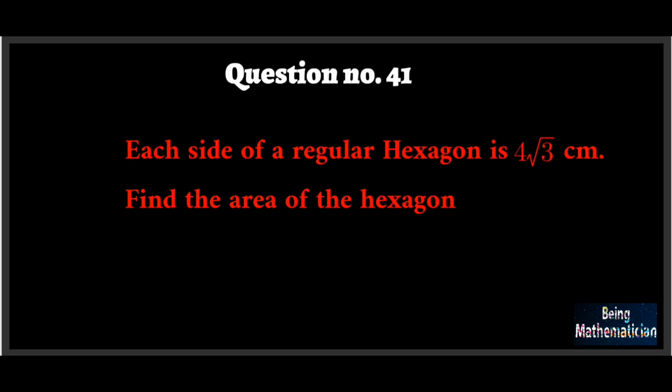Question number 41. Let us assume that this is our regular hexagon and this is the circumcircle of the hexagon.